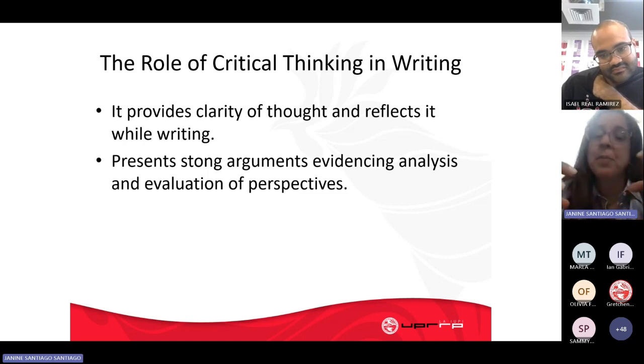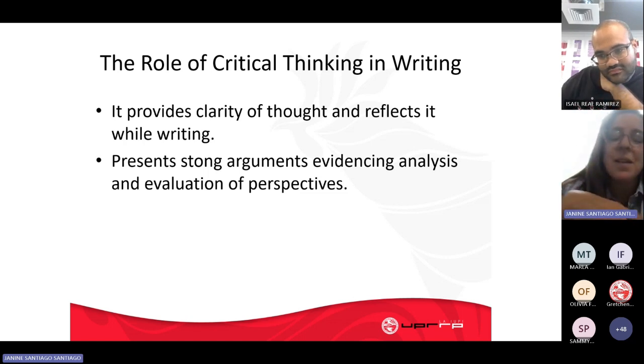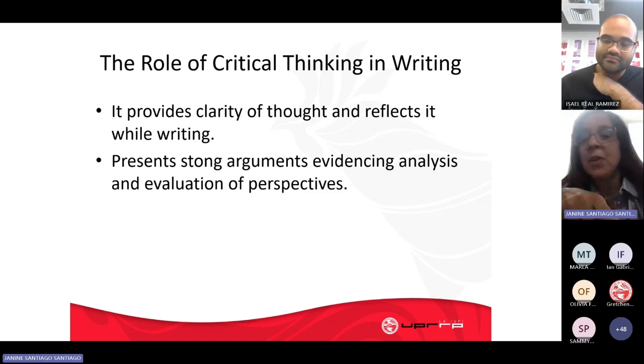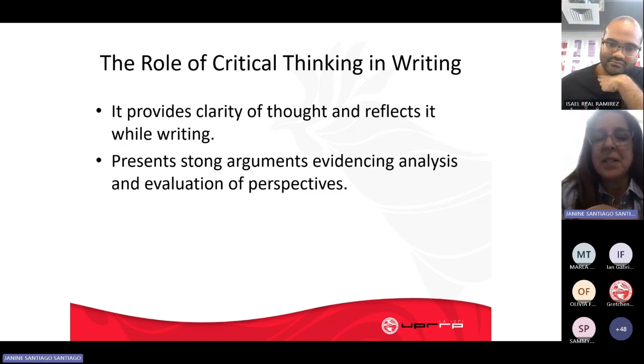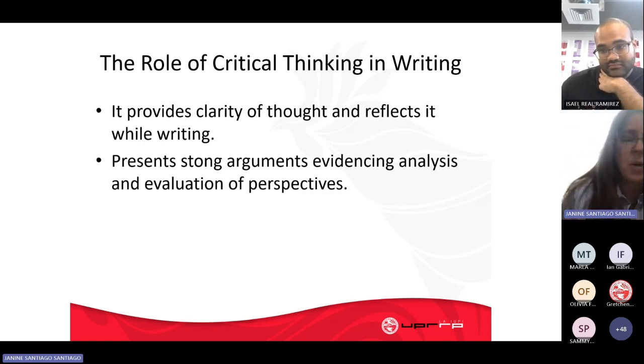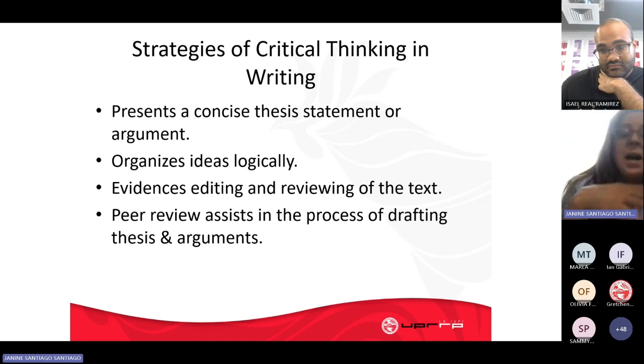And you're going to be able to present strong arguments that evidence analysis and the evaluation of the different perspectives. And we are moving to do that in our classes. What are the strategies for critical thinking in writing? We need to present a concise argument or thesis statement, and the ideas need to be organized logically.